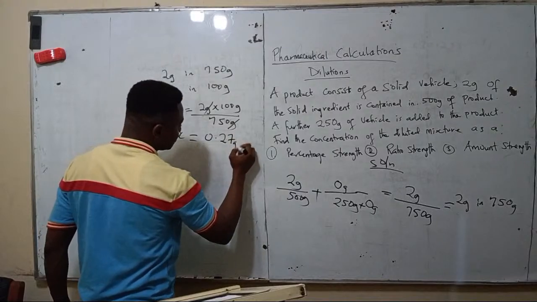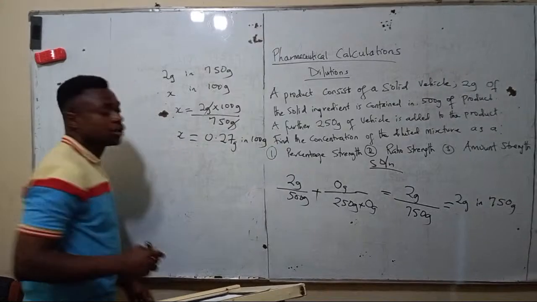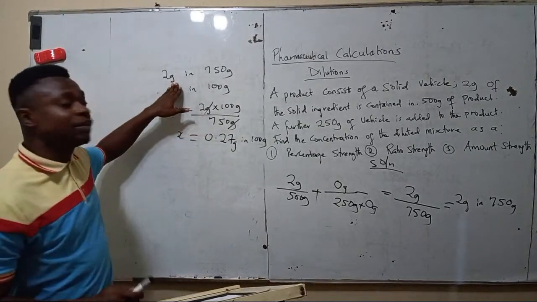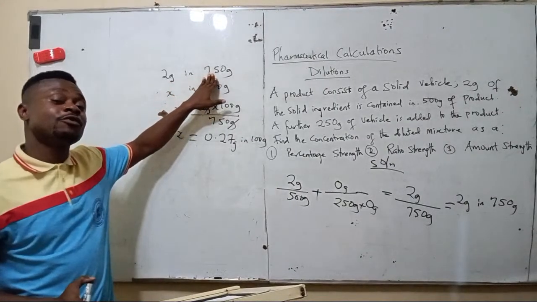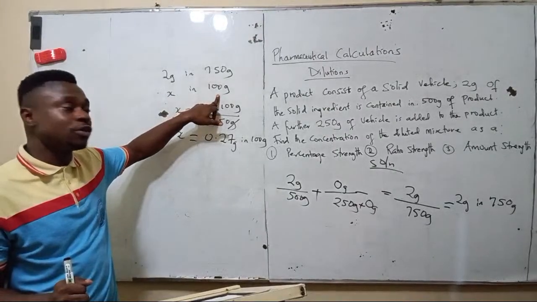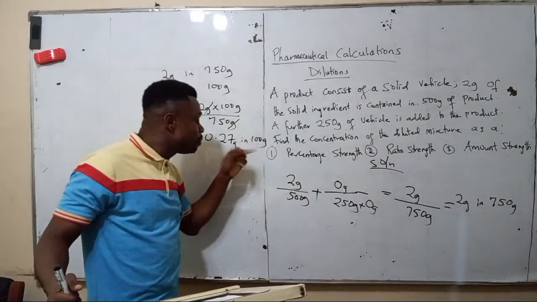So 0.27 gram in 100 grams. If we have 2 grams of the active ingredient in 750 grams of the product, how many grams would we find in 100 grams of the product? We simply multiply, so we have 0.27 grams in 100 grams.